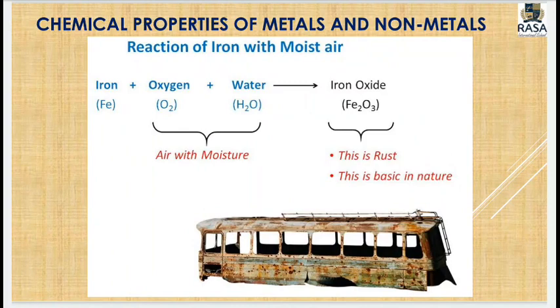So iron with oxygen and water, that is moist air, leads to the formation of hydrated iron oxide. Okay, and this is shown in the figure as the bus body is being rusted because of the presence of moist air. So this is also basic in nature. Why? It is also a metallic oxide. So this is about the corrosion of copper and iron.